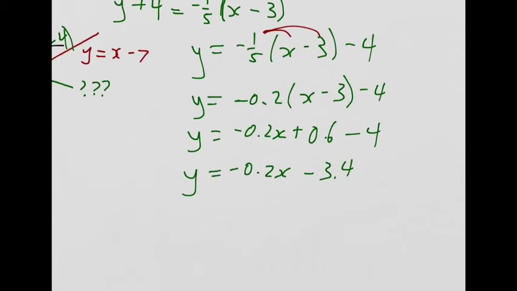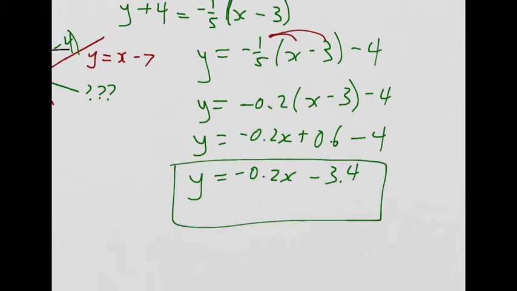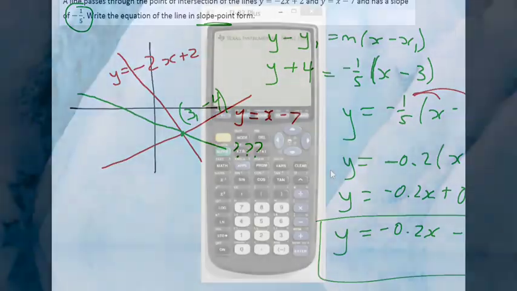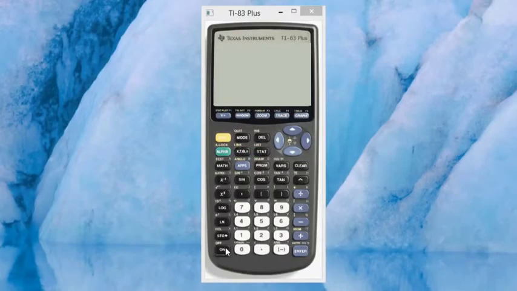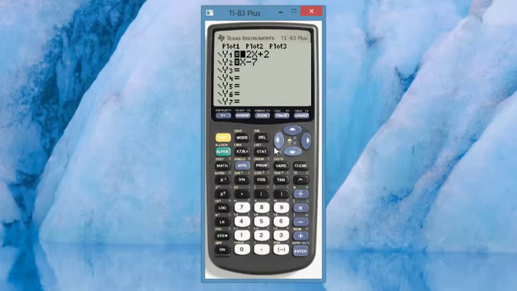Alright, so let's take this equation now, graph it, and see if it actually goes through the intersection of those 2 lines. And if it does, we know that we're probably correct. Okay, so we're back to our calculator here. And here's the intersection again, 3, -4. We're going to put in our third line, the equation of the line we were actually trying to find. That was -0.2x minus 3.4.